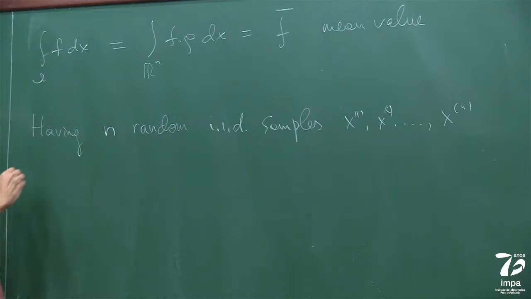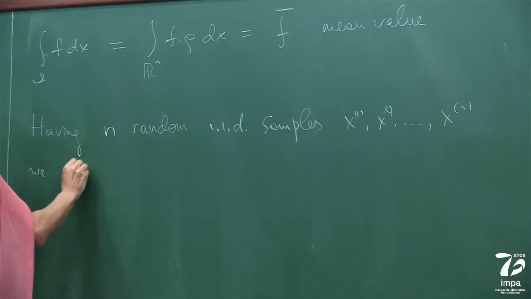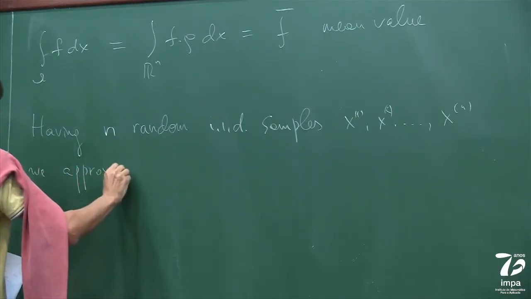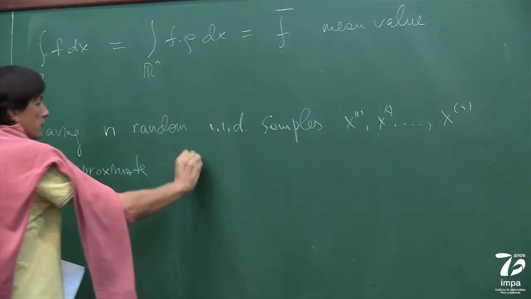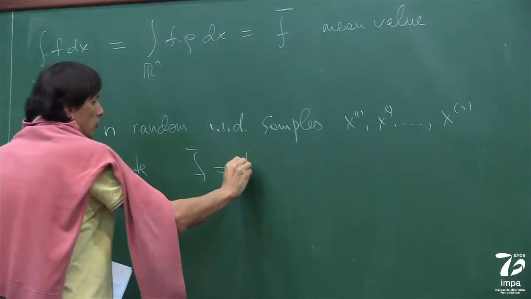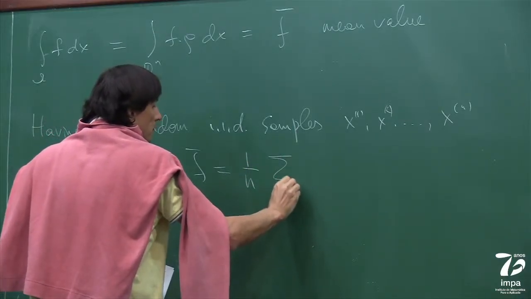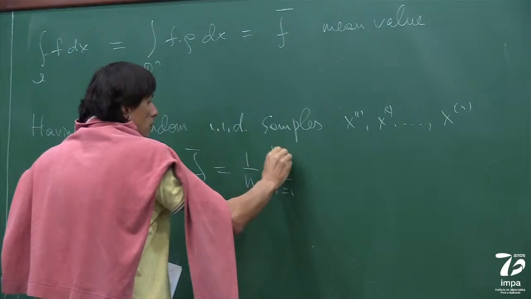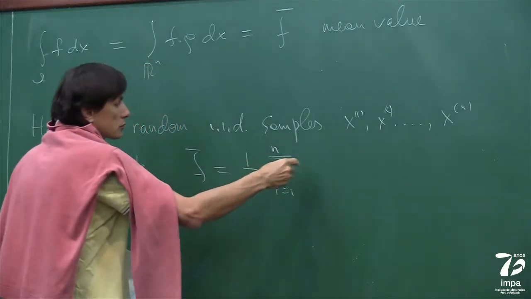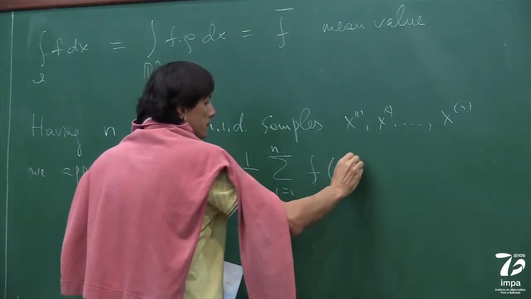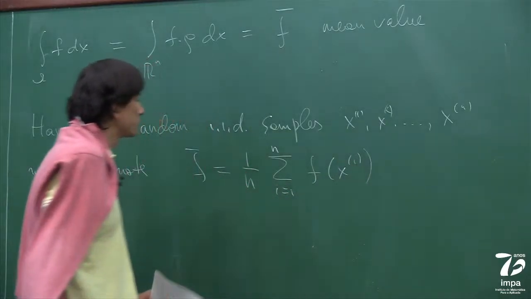We approximate the mean value just directly by the mean: the sum of the values on these points.